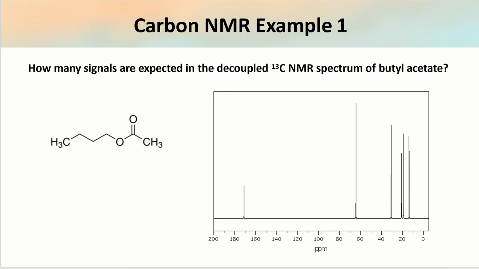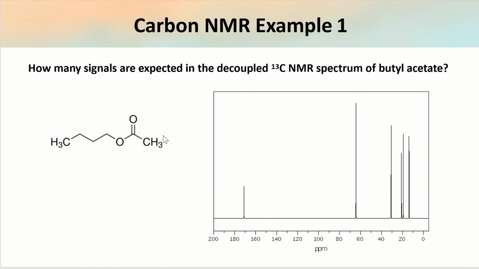All right, so example 1. How many signals are expected? The question might sound like this: how many signals are expected in the decoupled carbon-13 NMR spectrum of butyl acetate? If you know the compound and its structure, then essentially what you're trying to figure out is how many electronic environments are present, right?